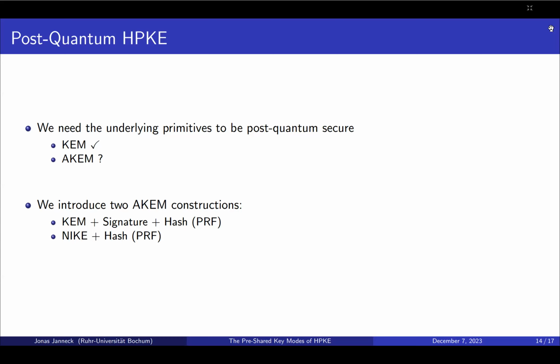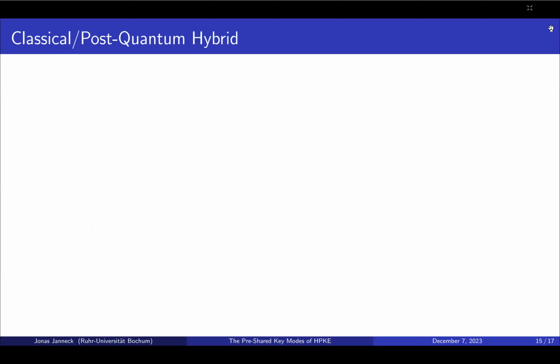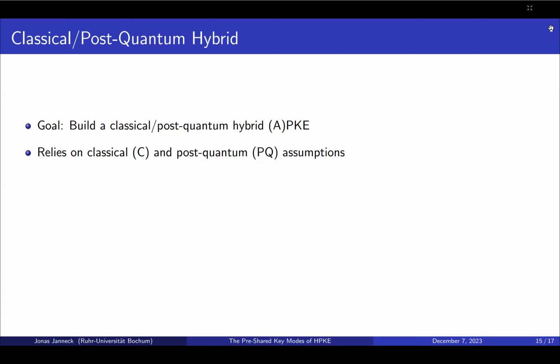Okay. For the last part, I want to talk about something a bit different, and this is about the classical post-quantum hybrid. What do I mean by that? The idea of a classical hybrid or combiner is to get PKE or authenticated PKE from classical as well as from post-quantum assumptions.